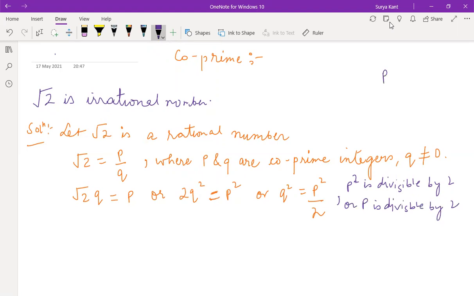Understood? If p square is divisible by 2, obviously p is also divisible by 2. Understood or not, children? Akshit, Sai Charan, Shreyanvi, I can't hear you people. Just tell me, is it clear or not?